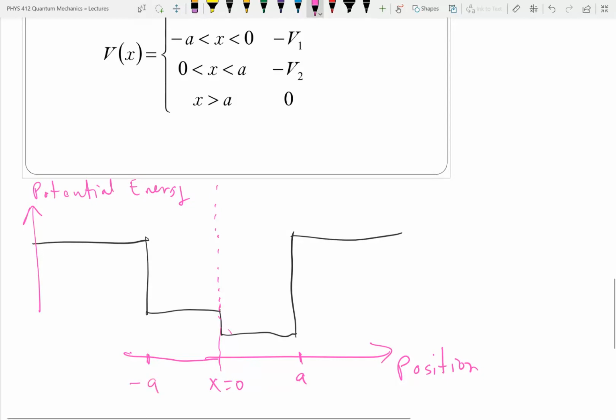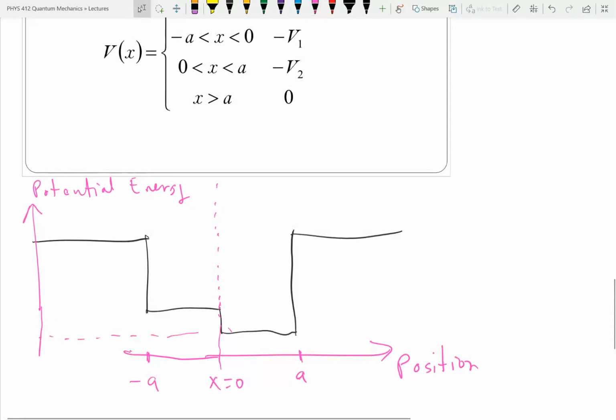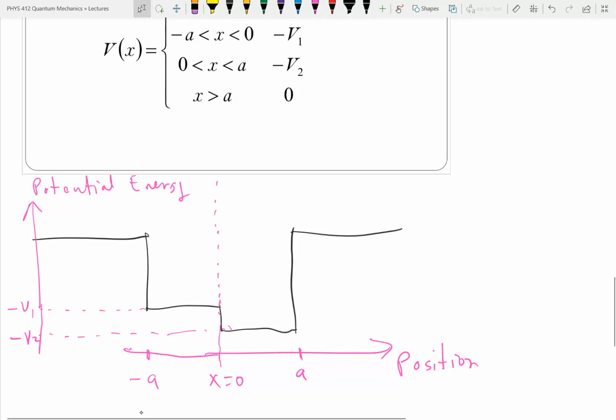And for the verticals, minus V2, minus V1, 0. So here we have a beautiful picture.